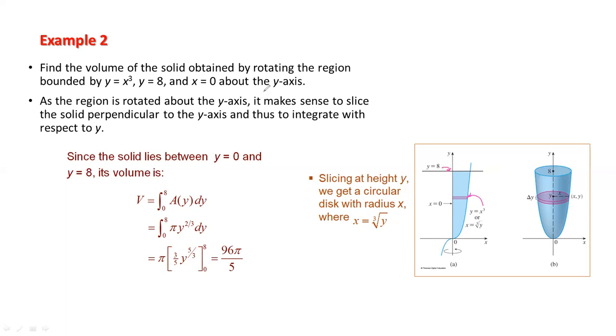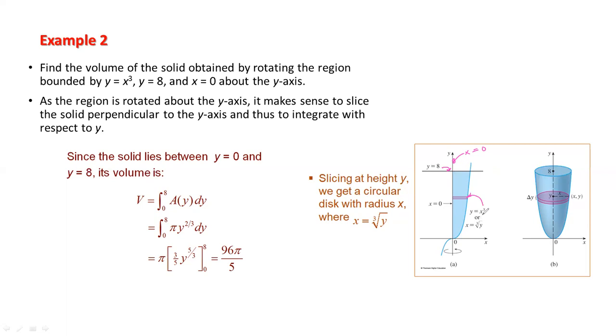And you have the x equal to 0 line. So that would be the y-axis. So this is your x equal to 0 line. So the area that has to be revolved around the y-axis is bounded by this line, y equal to 8, x equal to 0, and this curve, y equal to x cubed.